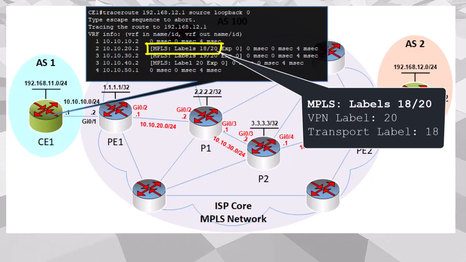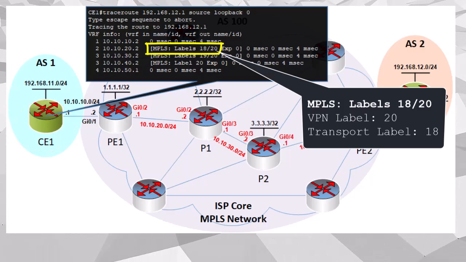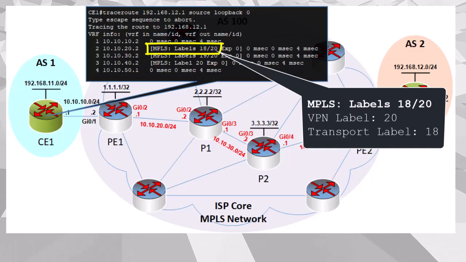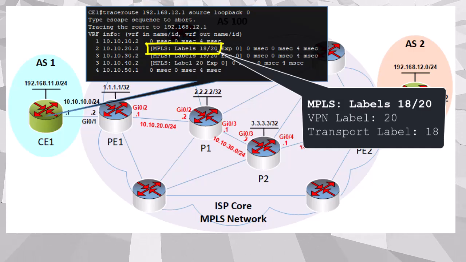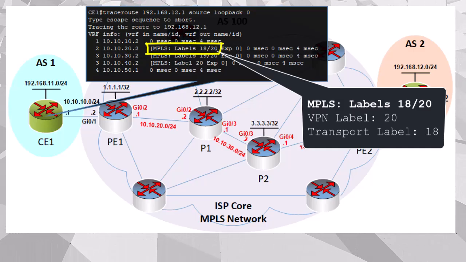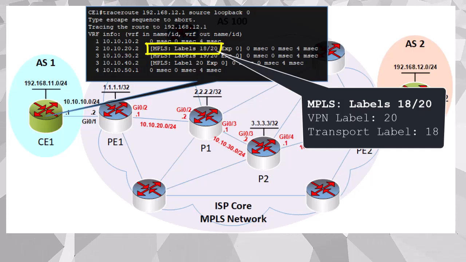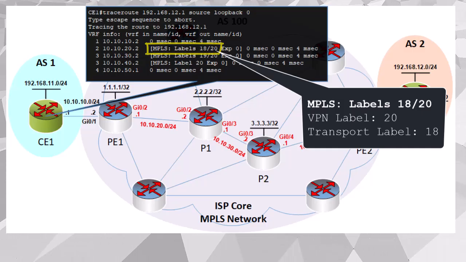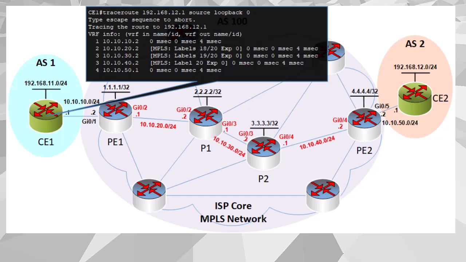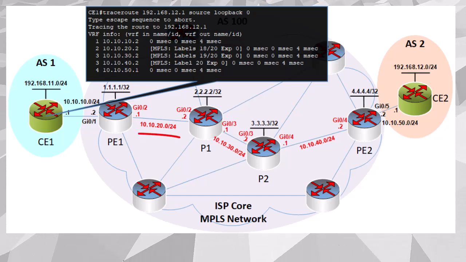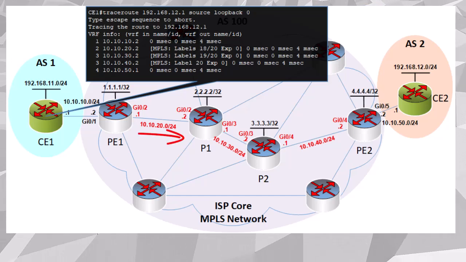A second label is added, which is called the transport label, or the outer label. This has a value of 18. Now this transport label is the same MPLS label that we have seen in all of our MPLS and LDP implementations so far. Now with this double set of labels, an inner label and an outer label, PE1 sends this packet to the P1 router.